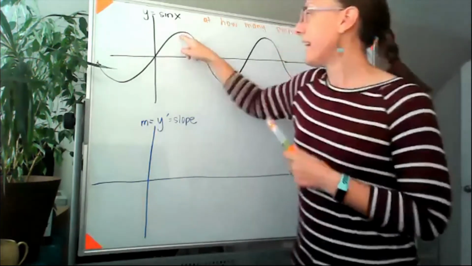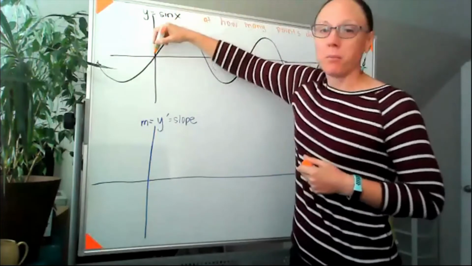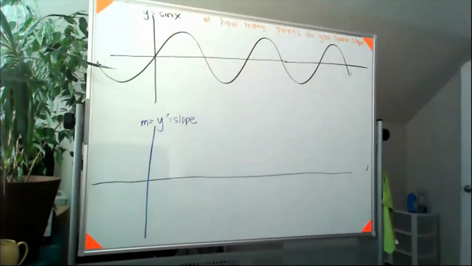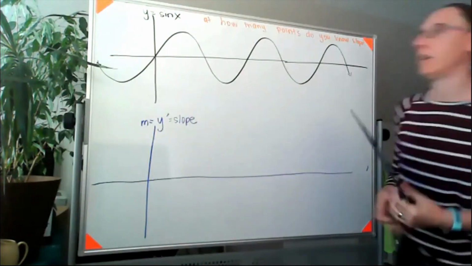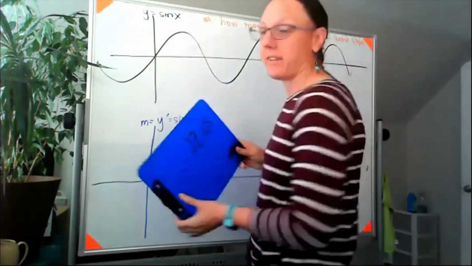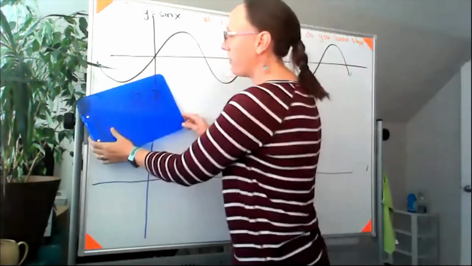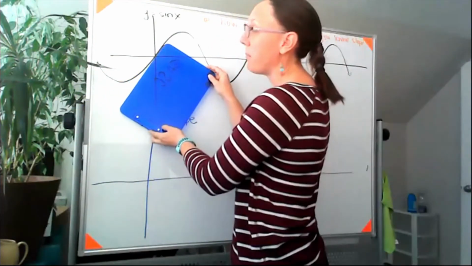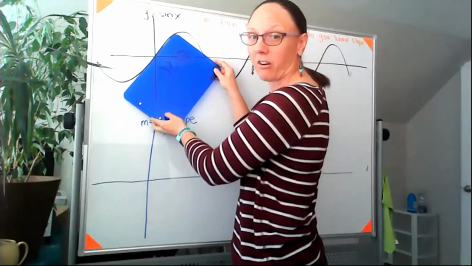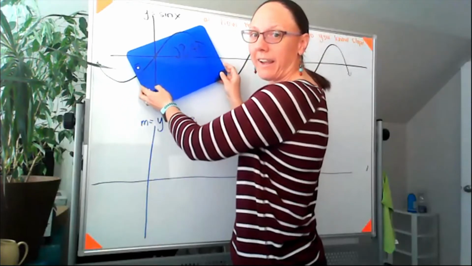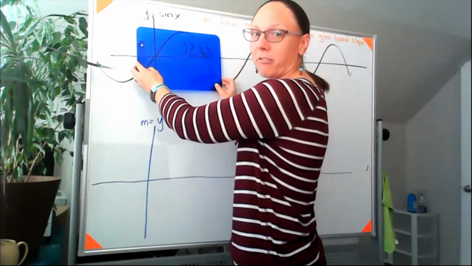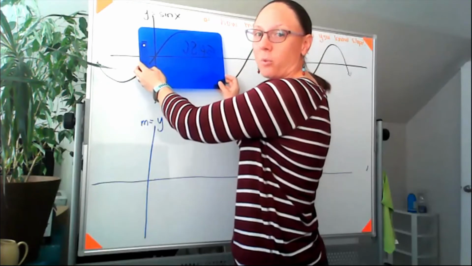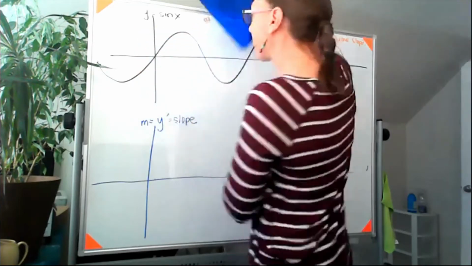So right here, if I'm moving along this curve and I'm thinking about my tangent lines, as I move along this curve, my tangent line is supposed to match up and look exactly like the curve. Well, when I get to the top of that curve, I know that at least right at the top, the slope of that tangent line is 0.